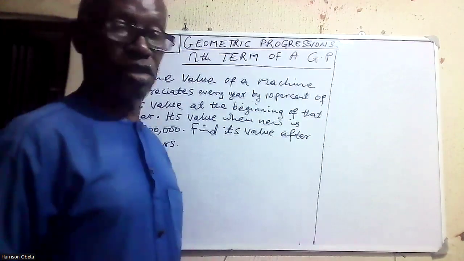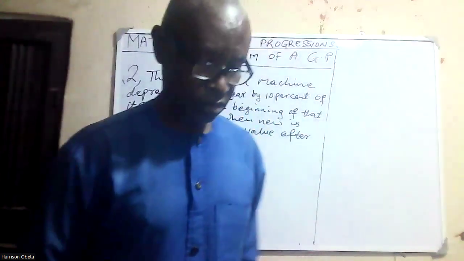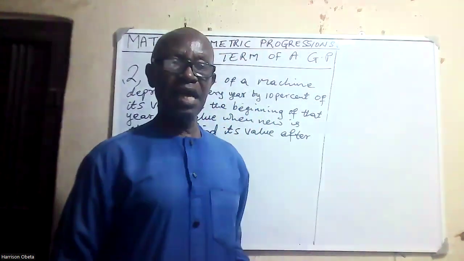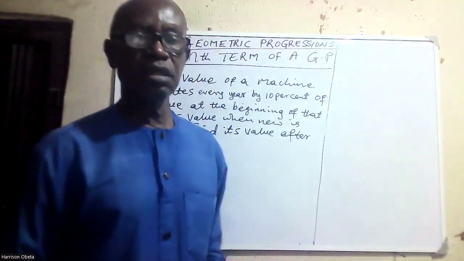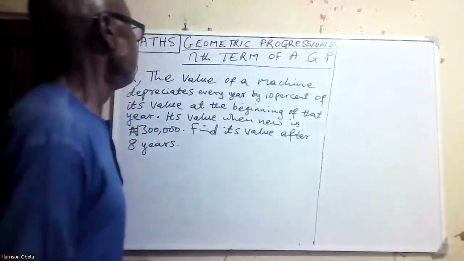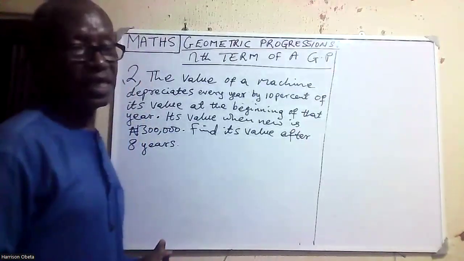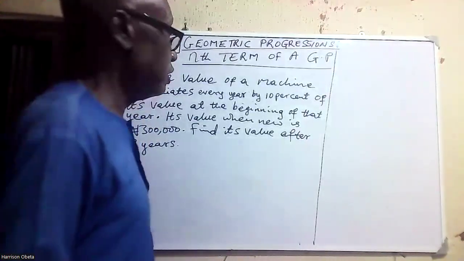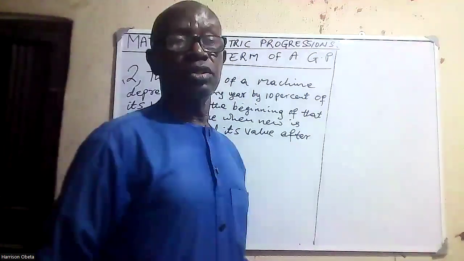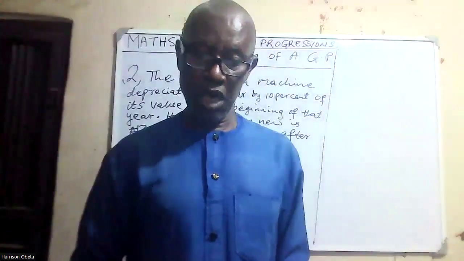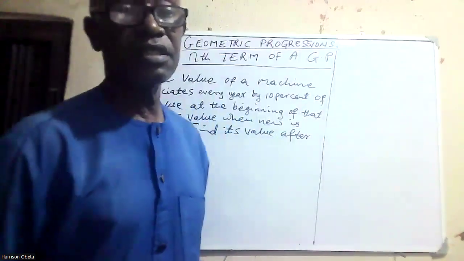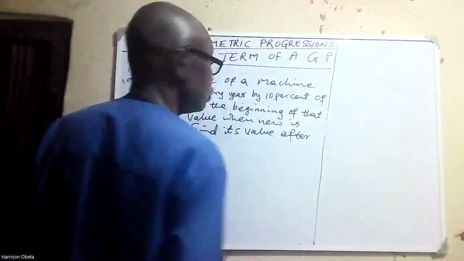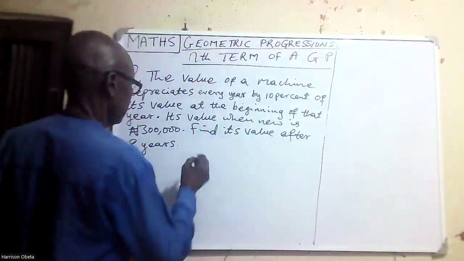In this question, we can solve it in 2 ways. One, by calculating the percentage and continuing to subtract until the 8 years, or you use the formula. There's a formula for that, and I'm going to use the formula to solve.